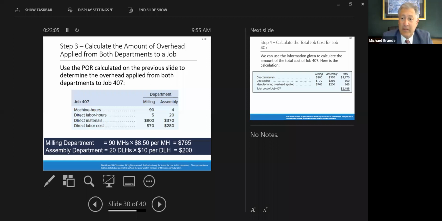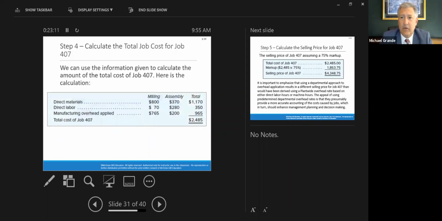So for milling, $765, assembly, $200. We can look at the job cost sheet, and each of these departments has materials, labor, which are not in question, and then the manufacturing overhead applied from the previous slide.